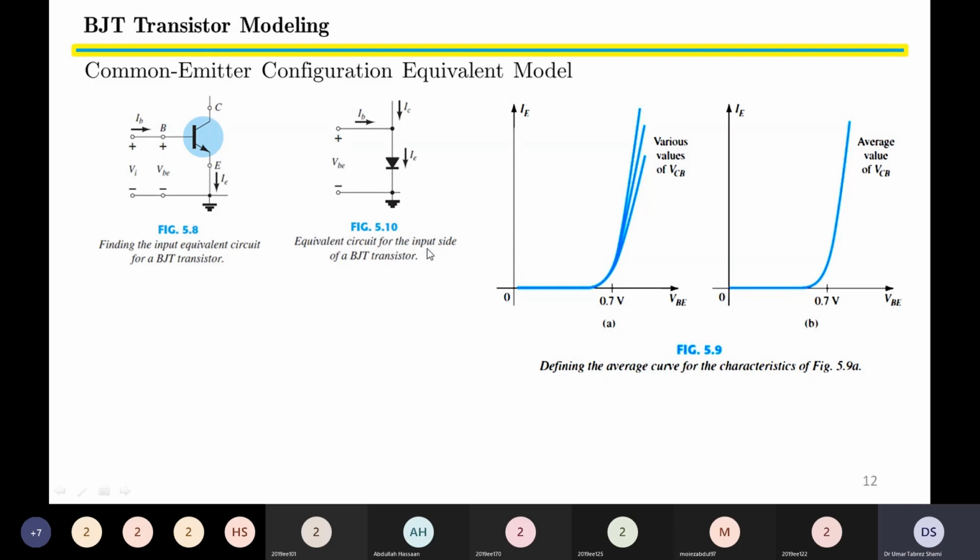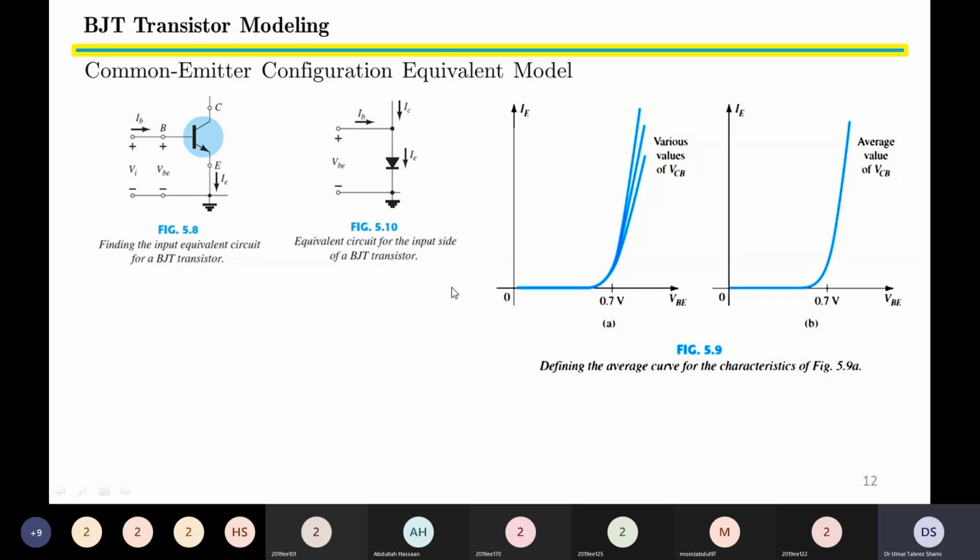Now, to develop the model from base emitter, we must recognize that the base emitter is in fact a PN junction, and the PN junction can be represented by a diode.